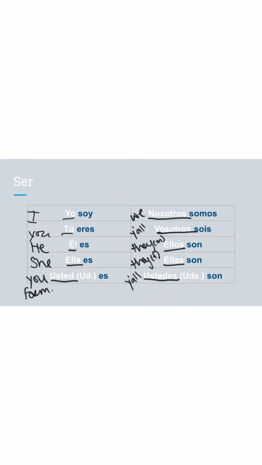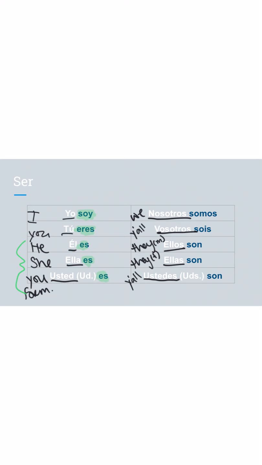All right, and so you'll see that we do have our new verb conjugation. So to say I am is yo soy. You are is tú eres. He, she, or you formal is él, ella, usted, es. Again, we see that these three subject pronouns carry that same verb, that third person singular, right?